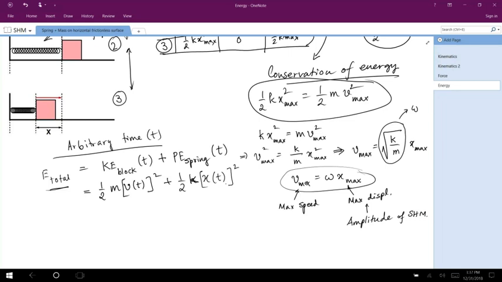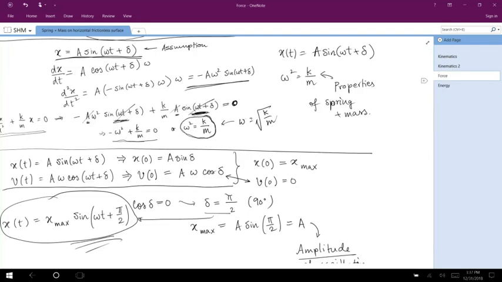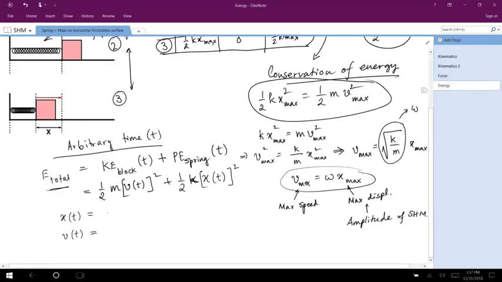Well, we'll first write down our expressions for x as a function of t and v as a function of t. We don't have to reevaluate them. We can just go back to our force page, and there we know what x as a function of t is. And so x as a function of t is just x max multiplied by sine of omega t plus pi over 2.